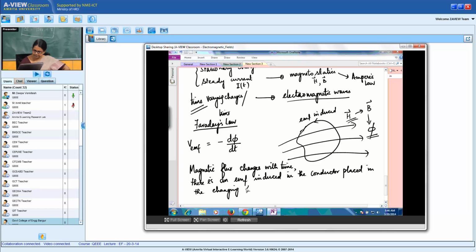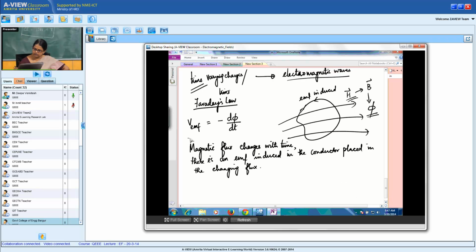I mean, it obviously cannot be induced in a conductor which is kept somewhere else. Of course, this conductor has to be placed where there is a magnetic flux, and the magnitude of that induced EMF is the negative time variation of this.